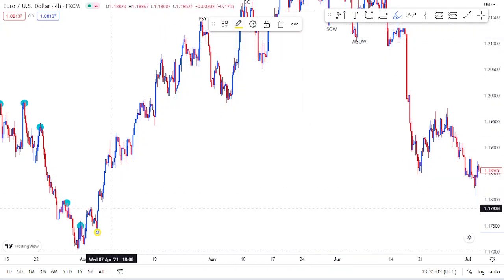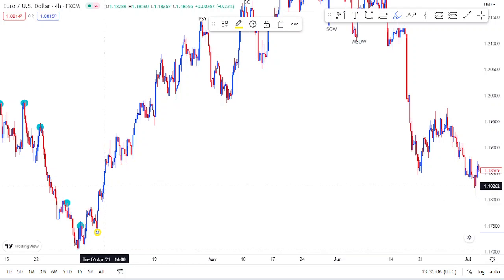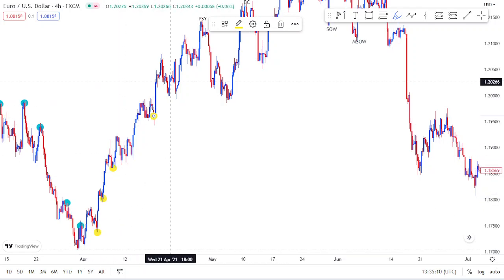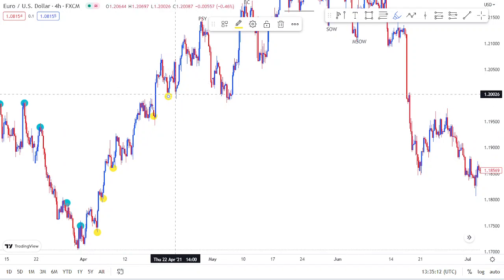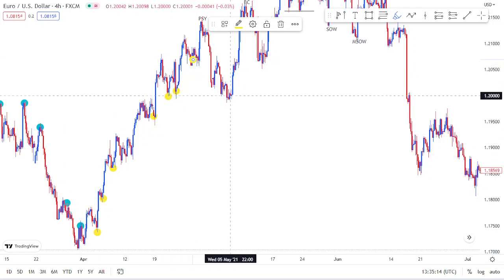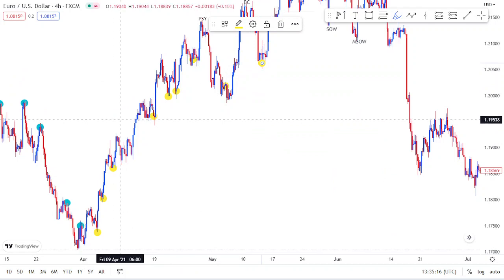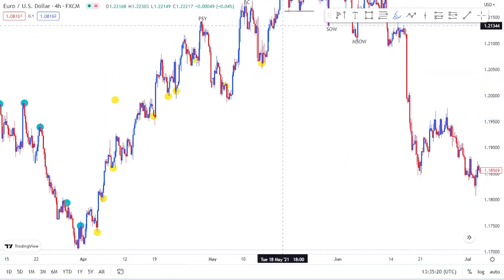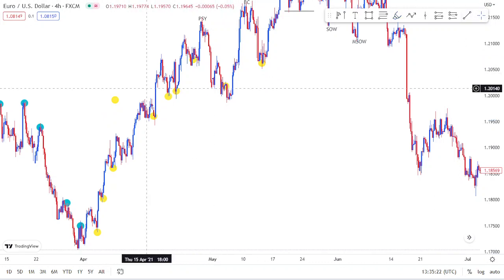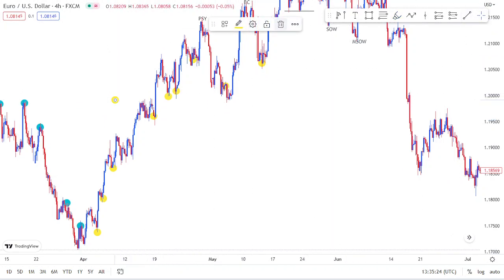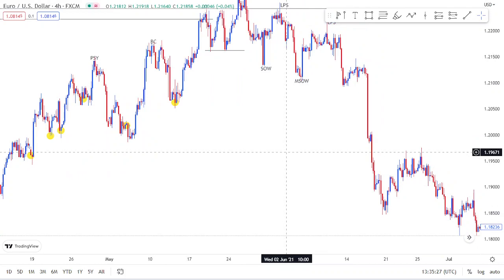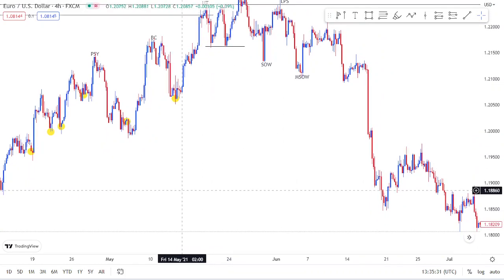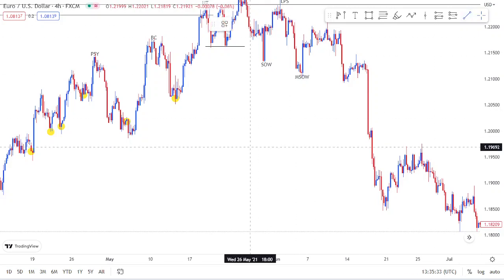External liquidity here, external range liquidity, external range, external range again. So let's test that theory and see if price is actually going to come all the way down and clear out our external range liquidity.